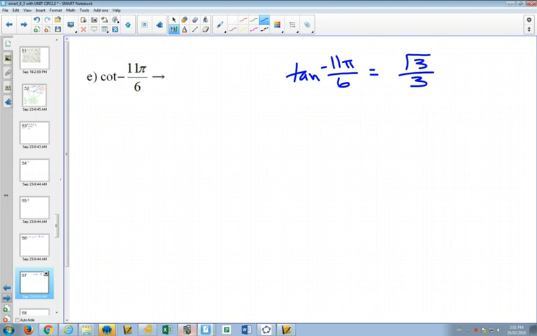Quadrant 1. So all things are positive in quadrant 1. So our answer for tangent of negative 11 pi over 6 will be positive root 3 over 3. Cotangent then will be positive 3 over root 3, which if you rationalize is root 3. Again, we can flip the answer, the ratio, but we don't flip the angle ever. So I kept the angle exactly the same, but my answer for tan was root 3 over 3, so my answer for cotangent of the same angle will be 3 over root 3.